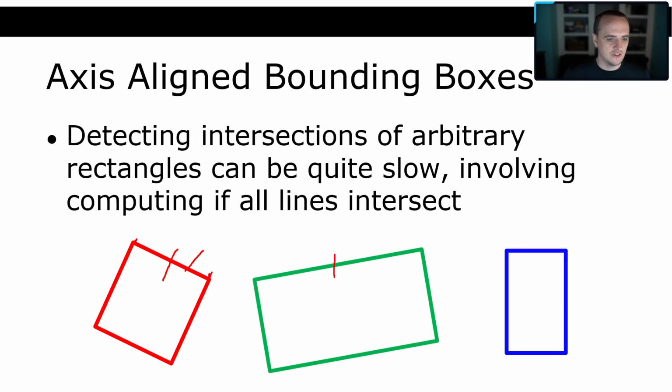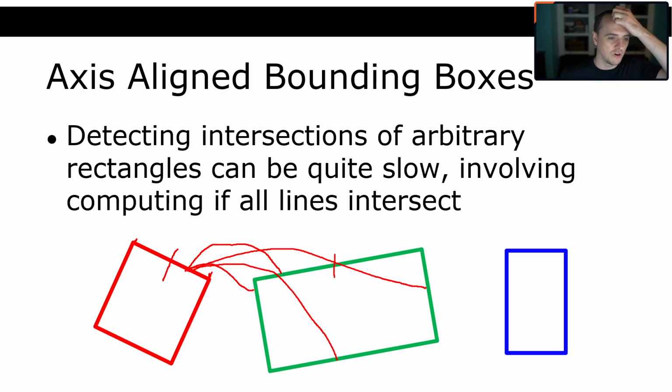So you'd have to see, does this line intersect with this line? No, it doesn't. Does it intersect with this line? No, it doesn't. And so what you essentially have is an n squared algorithm, where n is the number of lines, where every line has to check to see if it intersects with every other line, and that can be a little bit slow.